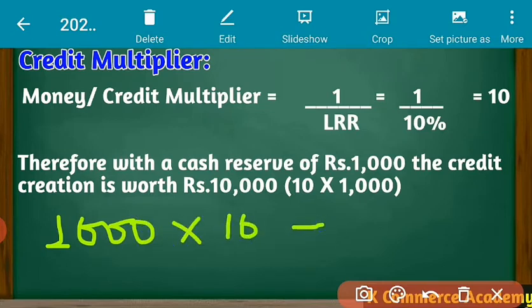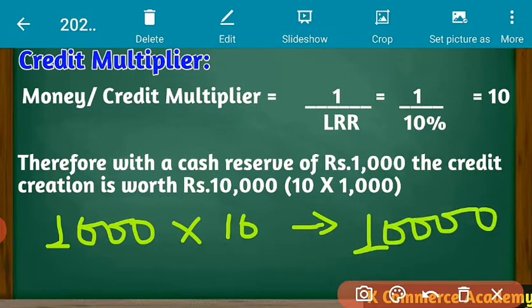So with a cash reserve of rupees 1000 we can create a credit of rupees 10,000. That is 10 times credit can be created with a cash reserve of rupees 1000 only. This is meant by credit multiplier, which is also known as money multiplier.